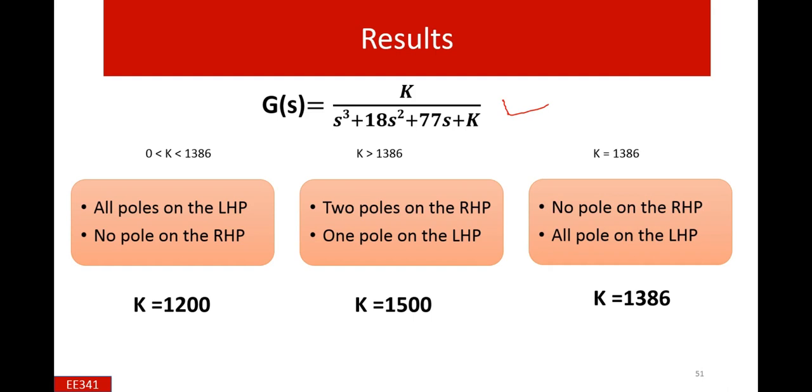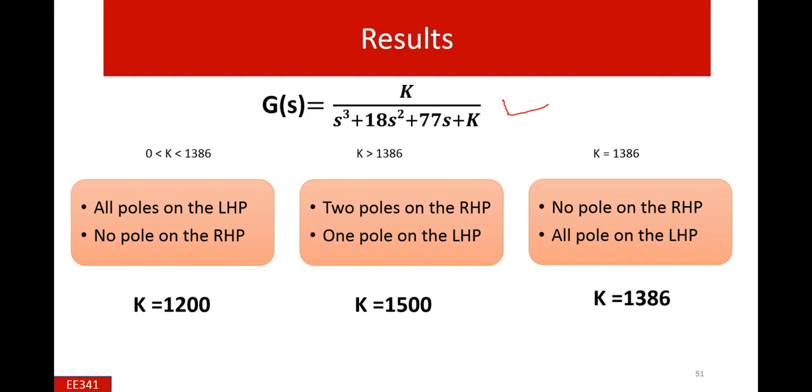There is no pole on the right half plane. If we take a value greater than 1386, then there are two poles on the right half plane. And if the value of k is equal to 1386, then again there is no pole on the right half plane. So what will be the situation?